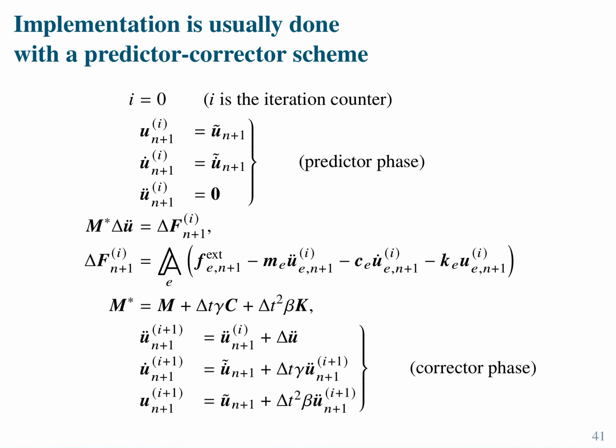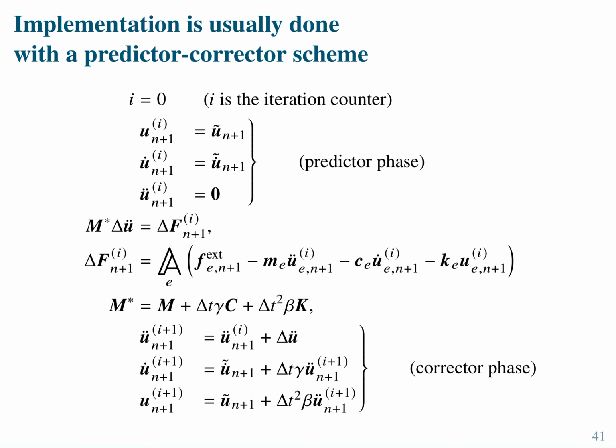All right. In terms of implementation, we also talk a little bit about this. There are different ways to implement the Newmark family of methods in finite element software. Normally, what people do is implement this in a predictor-corrector type of approach.